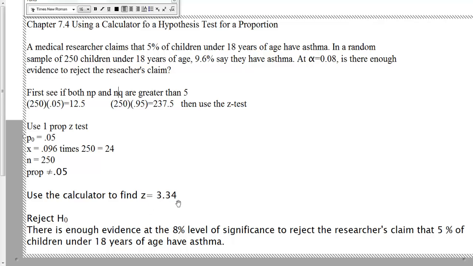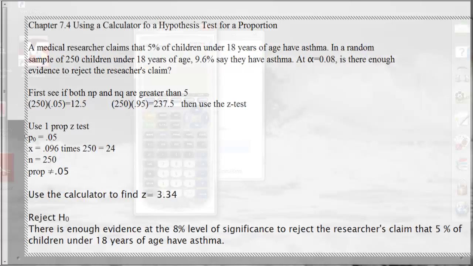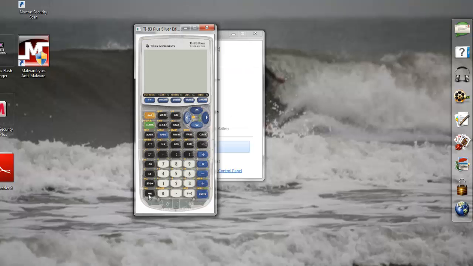So this is what the calculator is going to give me, and I'm going to show you how to do that on the calculator. So let's go to the calculator. We're going to go to Stat, over to Test, and I want number 5, which is the one proportion z-test. And here, this number is going to be 0.05 because that's 5%.